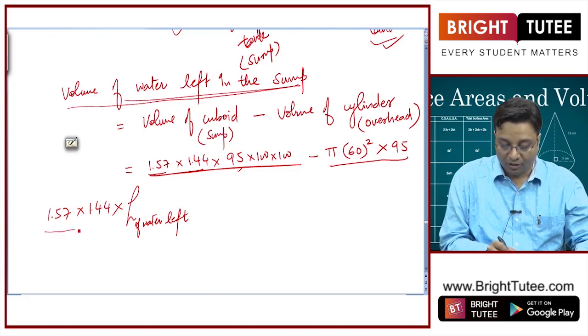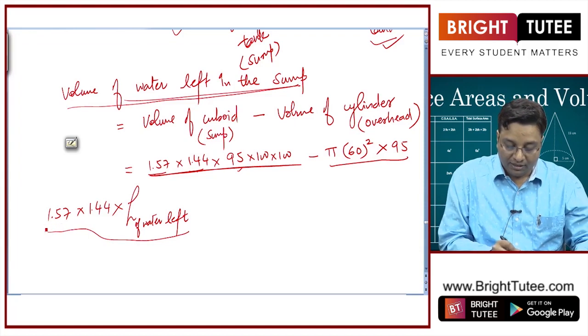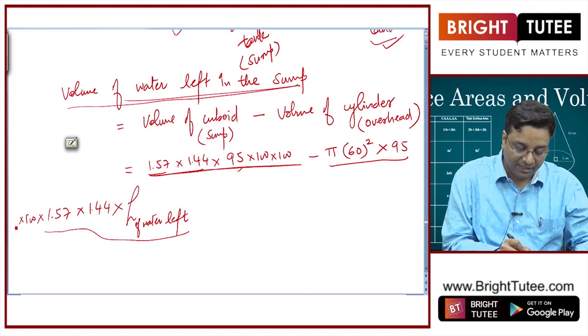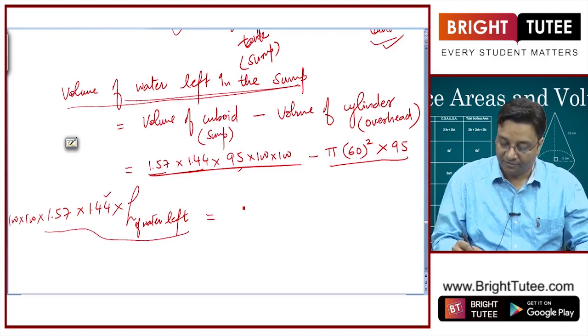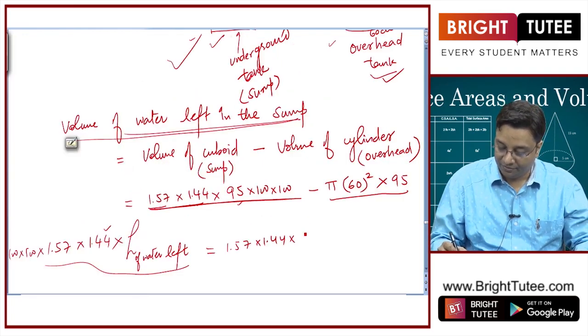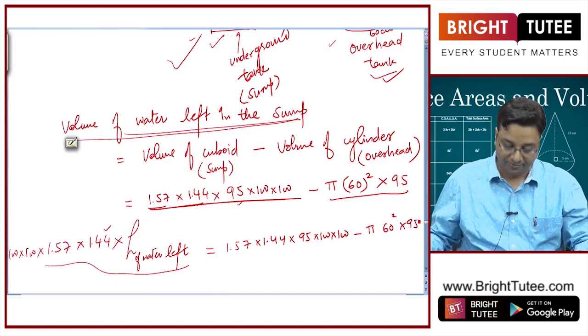So, this is the volume of water left in the sump. This now is in meters, so I will multiply these by 100 and one more 100 for this. It is equal to this difference here, which is 1.57 into 1.44 into 95 into 100 into 100 minus pi 60 squared into 95.